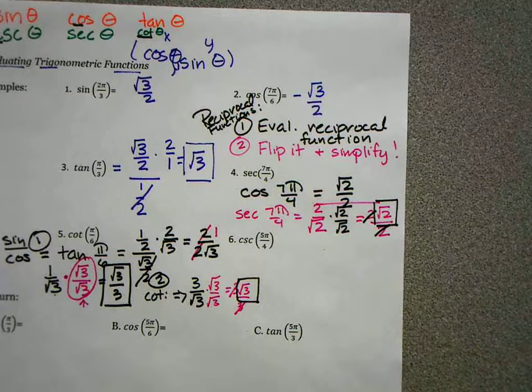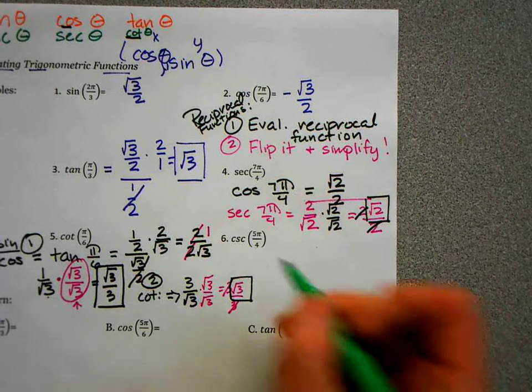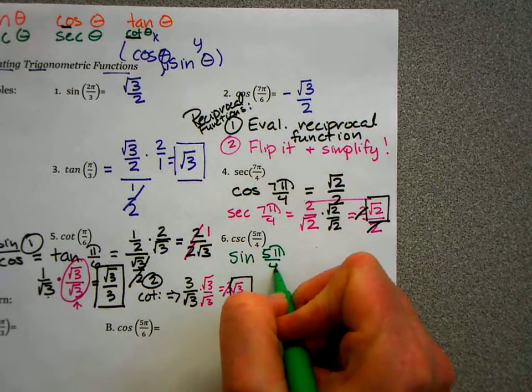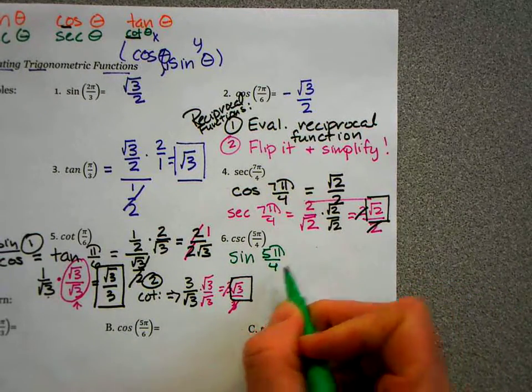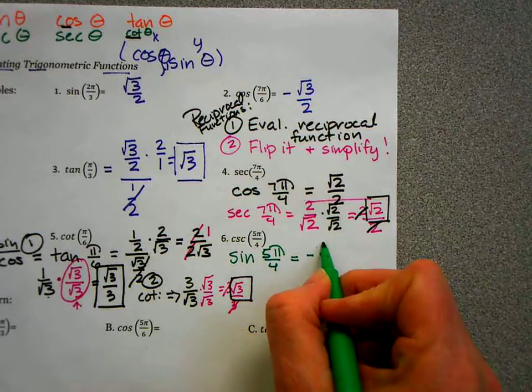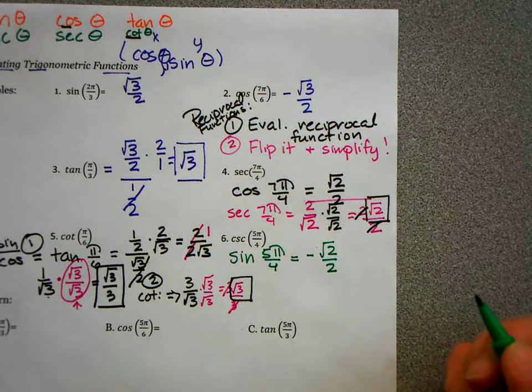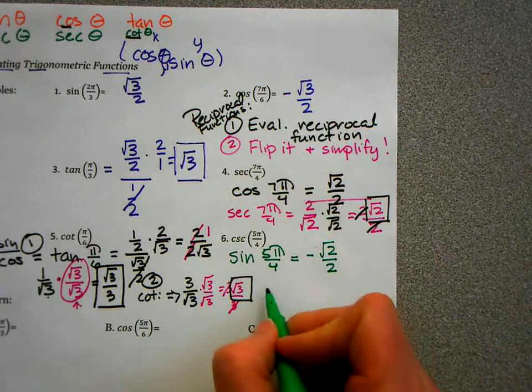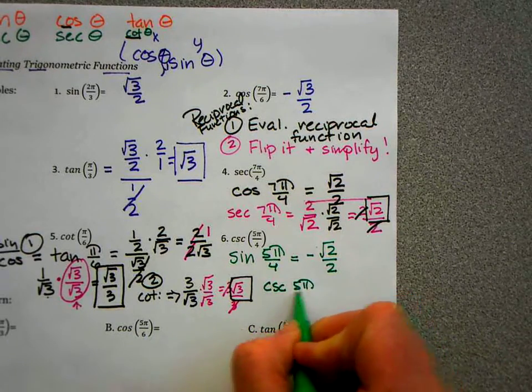I first evaluate step 1. Look at your unit circle. This is in quadrant 3. And the answer is negative radical 2 over 2. And it's just memorizing that unit circle. So that's step 1. Step 2 is flip it. So the cosecant of 5 pi over 4 equals negative 2 over radical 2.